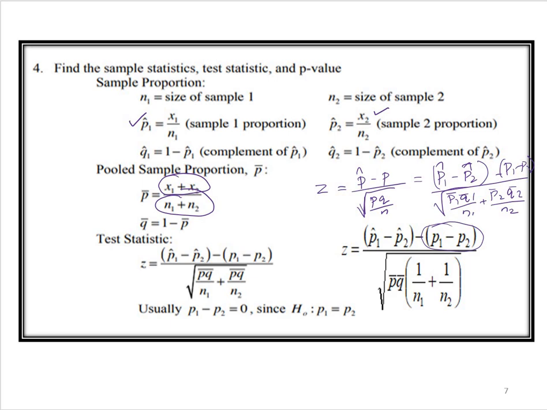So in general, this is the test statistic, with P1 minus P2 being 0, and the denominator is the square root of P1 Q1 over N1 plus P2 Q2 over N2. Now the things will be more clear when we do some problems.